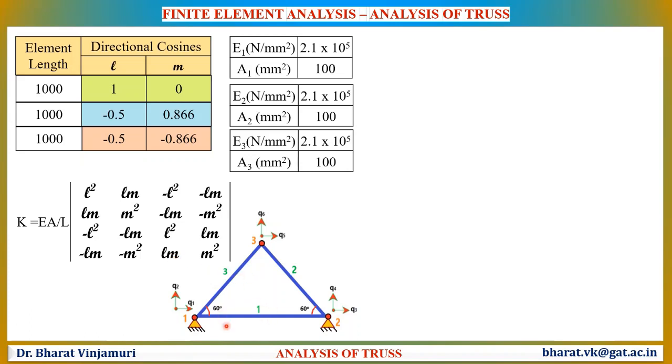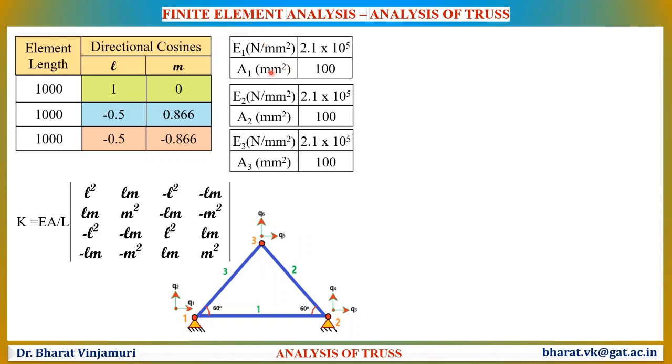For an individual element, the stiffness matrix will be a 4 cross 4 matrix because there will be only 4 degrees of freedom for each element. But for the entire structure, the number of degrees of freedom is 6. Therefore, after assembling all the 3 stiffness matrices, the global stiffness matrix will be 6 cross 6.